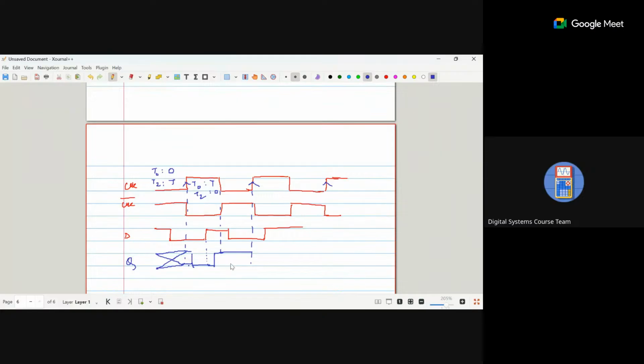Till then, it will remain the same. And then again, the same thing will happen. D starts here, but it will start from here. There is a small delay. And then whatever is in the positive side, that will happen. And once negative starts, again it will continue till the negative.